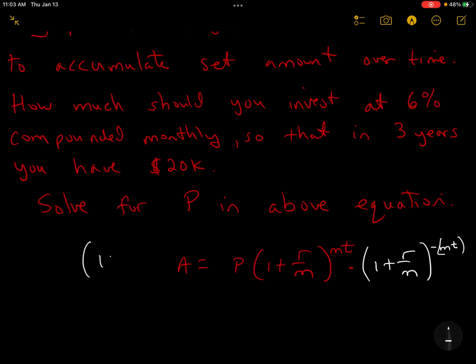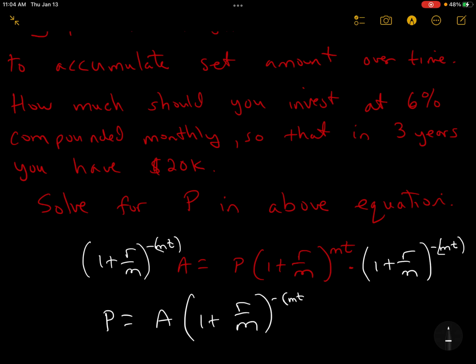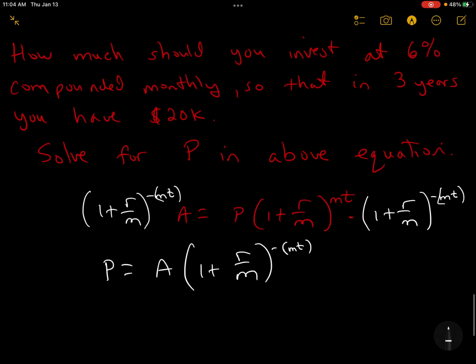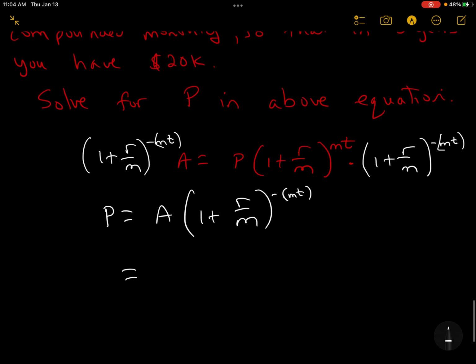And anything I do on one side of the equation, I do to the other side of the equation. So when you solve for P, you take the amount you want and you multiply it by 1 plus r over m to the minus mT.